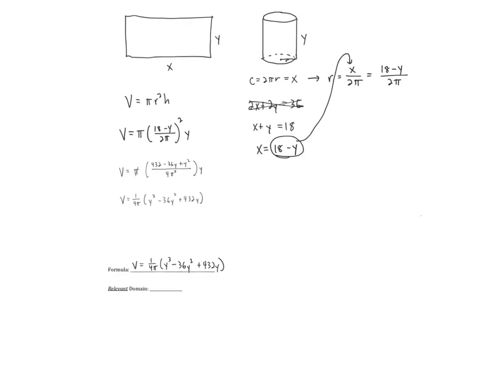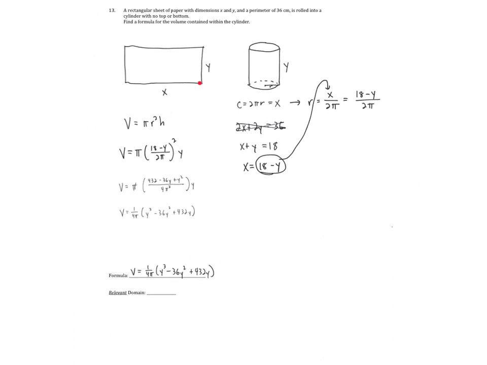All right, so y is this height here. It looks like y could be as small as we want it to be, but positive and non-zero, or else we wouldn't have a rectangle, and then we couldn't create a cylinder. Also, you can look at either one of these: r is 18 minus y over 2 pi, or just x is 18 minus y.